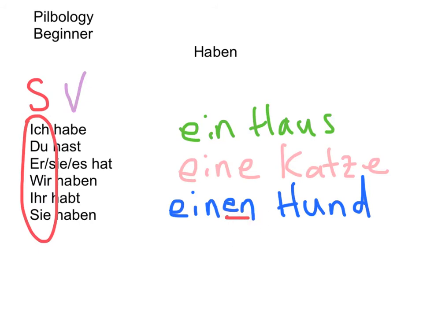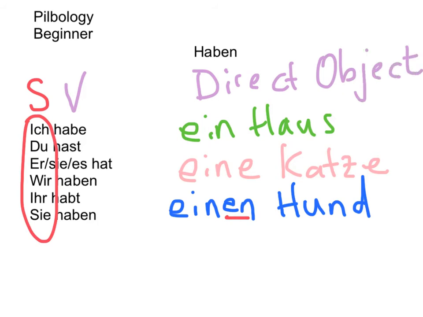It is that simple. So that is the verb haben. Incidentally, these are called, I'll find a different colour to go with over here. Let's go with this one. This is called the direct object.